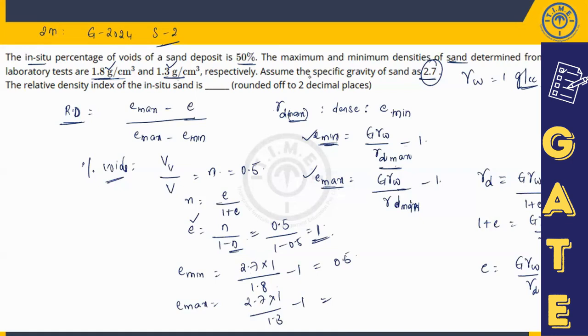e max is greater than 1. Please calculate it, my dear. 2.7 by 1.3. If it is 1.35, e max would be 1, my dear students. e max should be greater than e. Always, my dear students, this should be the order. e max should be greater than e, and e should be greater than e minimum.